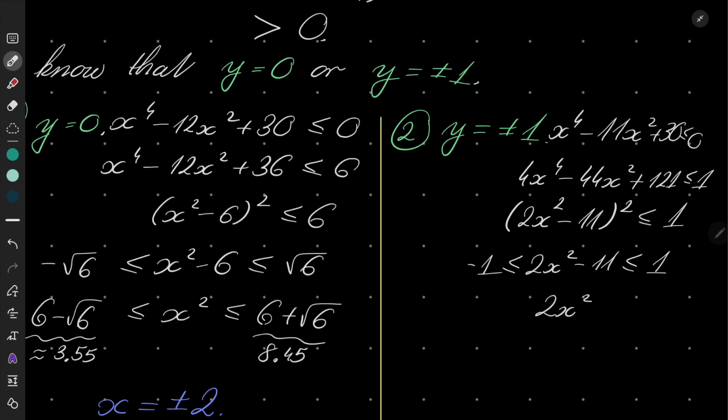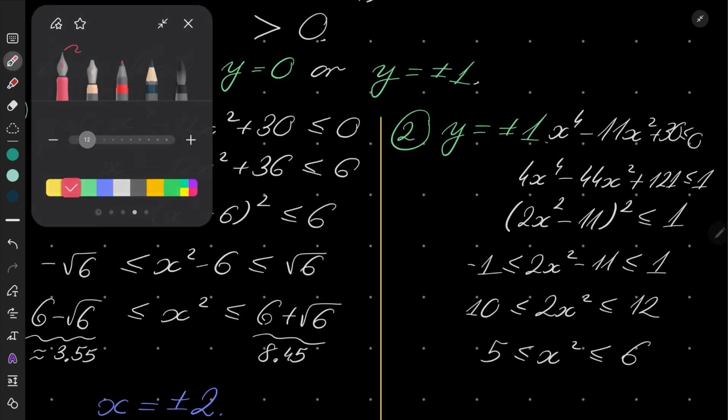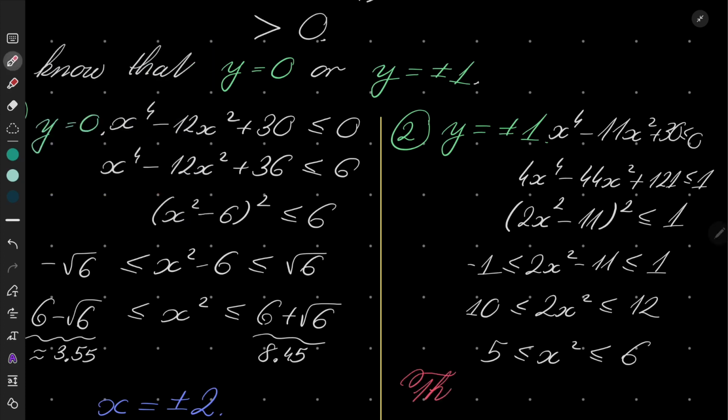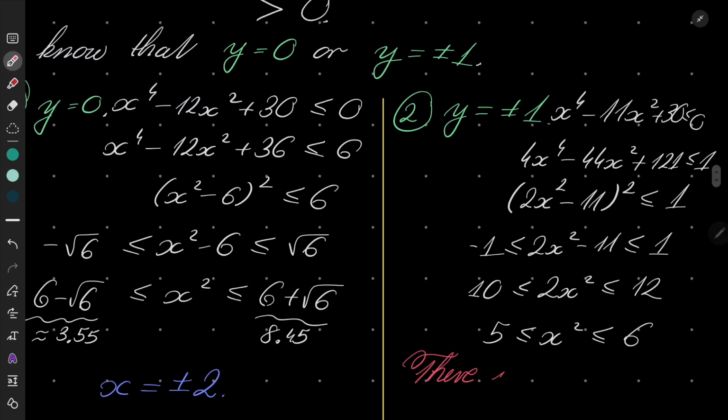So 2x squared is between 10 and 12. So x squared should be between 5 and 6. But sadly, there is no square between 5 and 6, because we have 4 and after 4 is 9.